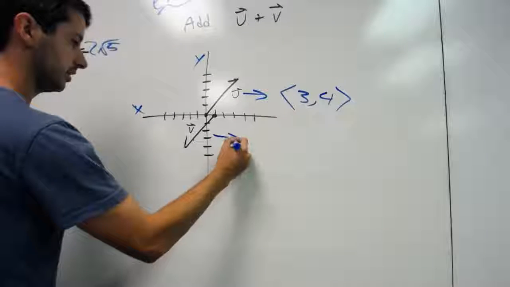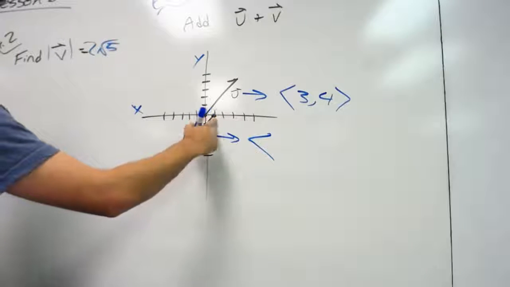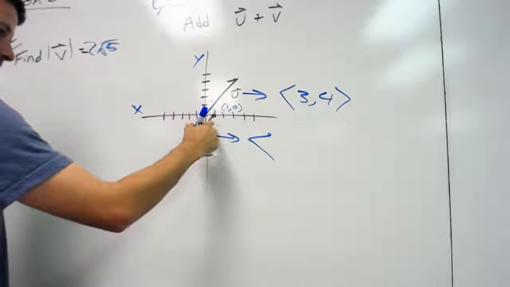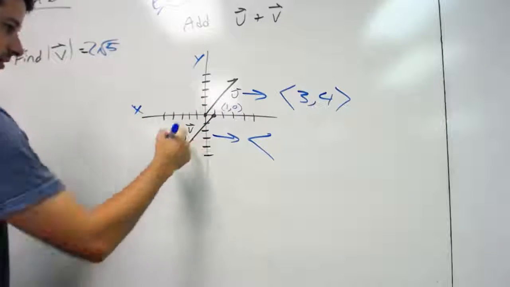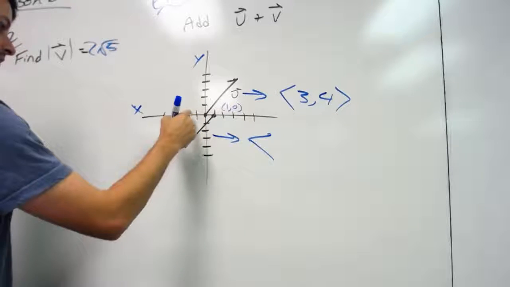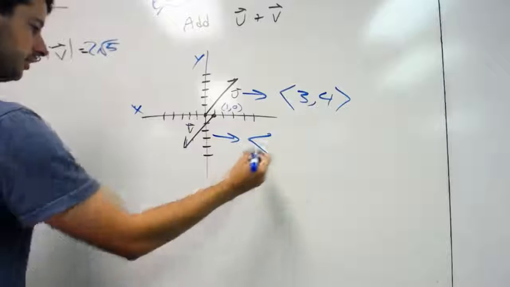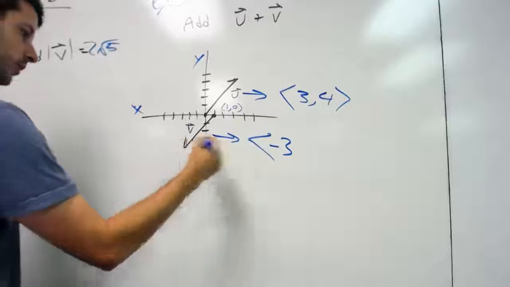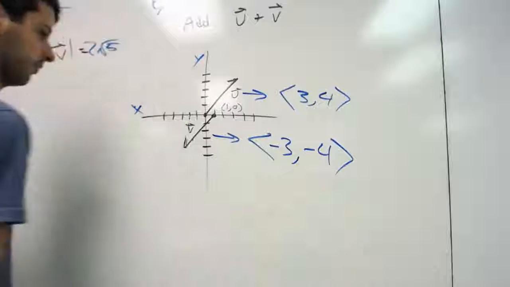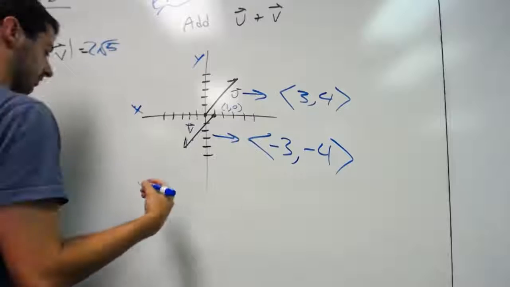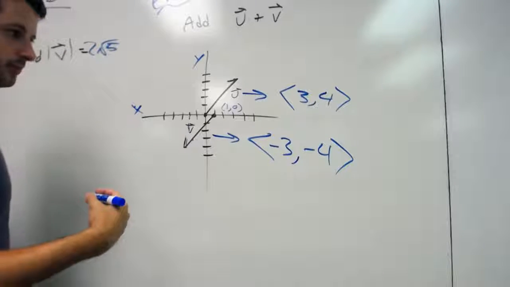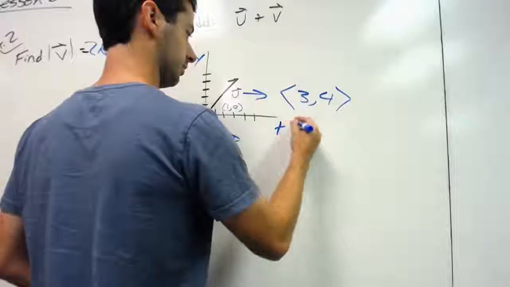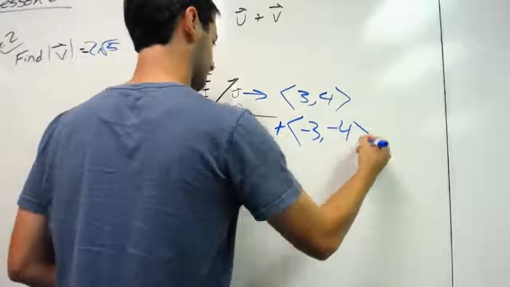Vector v, its component form, well, this one actually starts at the point 1, 0. So I go down, changing horizontal first. I go to the left, 1, 2, 3. Okay, it's pretty close. So that's -3. And I went down 1, 2, 3, 4. So -4. So if we're adding vectors together in component form, I'm going to put this over here and write it like so.